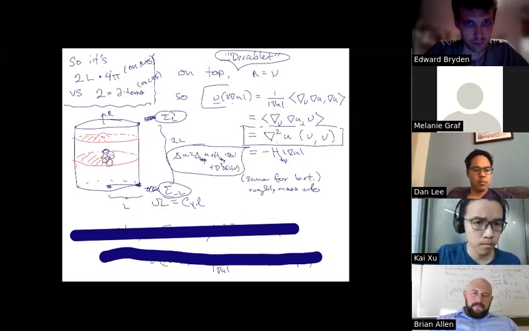And so, since we're harmonic, and since U is constant on the top, you can interpret this Hessian of U term that we get, it's the boundary term on the top with the mean curvature.